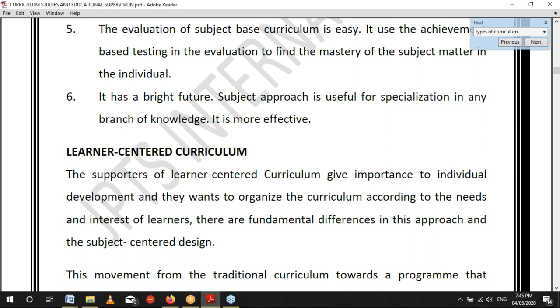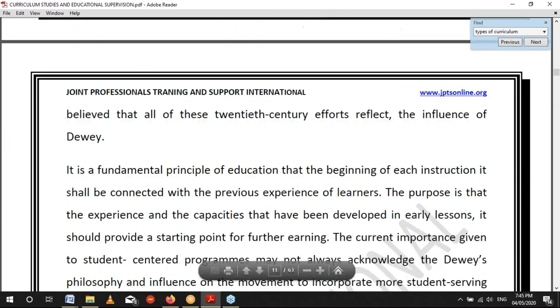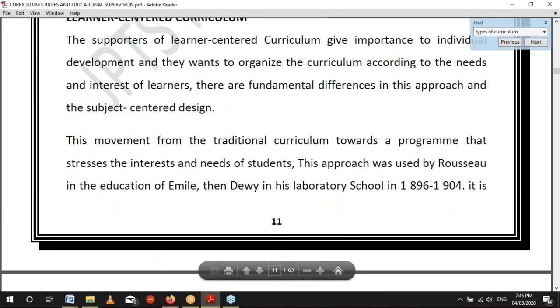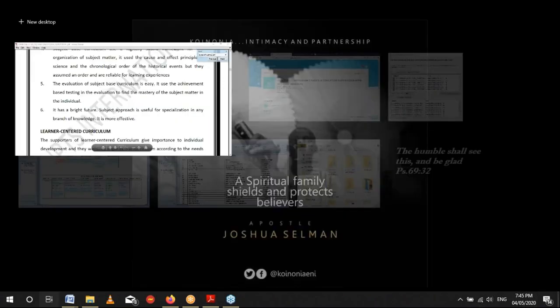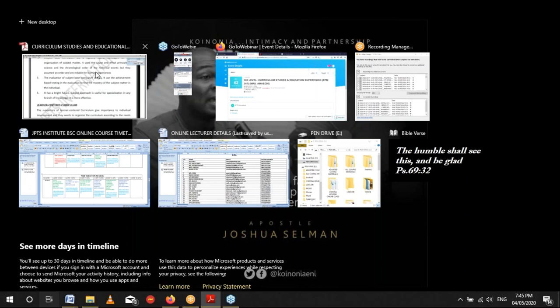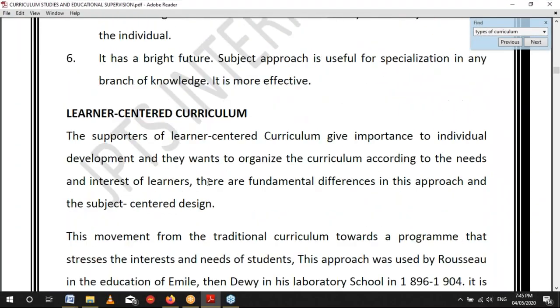Any question? Let's move to the next type of curriculum, learner-centered curriculum. Learner-centered curriculum.